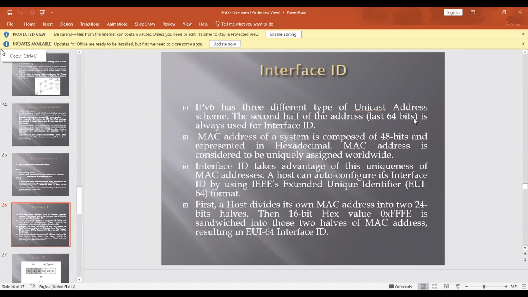So therefore, the last 64 bits we can incorporate with the MAC address of any device to enhance the uniqueness of the address, right? The MAC address of a system is composed of 48 bits and represented in hexadecimal. So very easily we can utilize the MAC address to recognize the device uniquely.